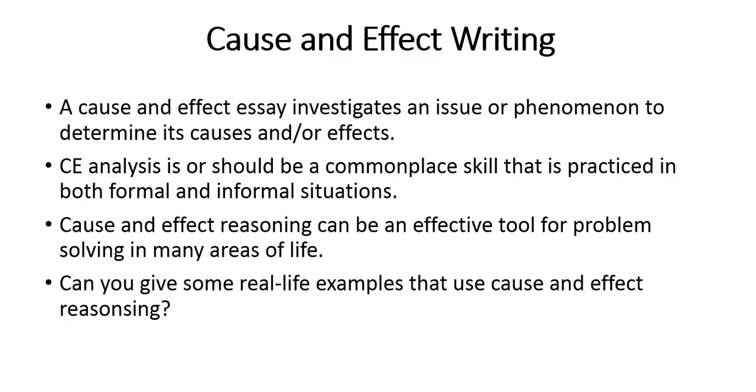And as a part of that, you should be using your cause and effect reasoning in order to determine if something, for example, is actually the cause of something else, or does it only seem to be the cause of something else that upon closer examination it is simply a coincidence, for example.